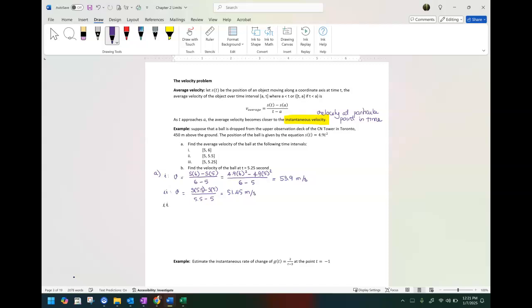And for the third interval, we get 50.225 meters per second. Find the velocity of the ball at t equals 5 seconds.